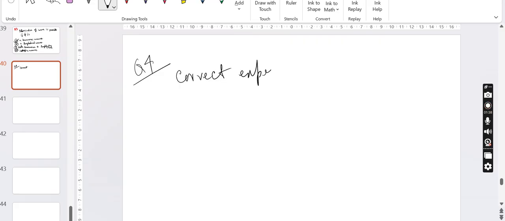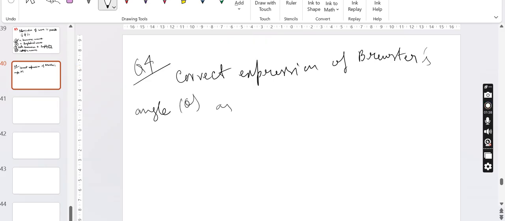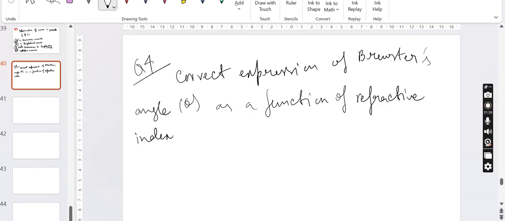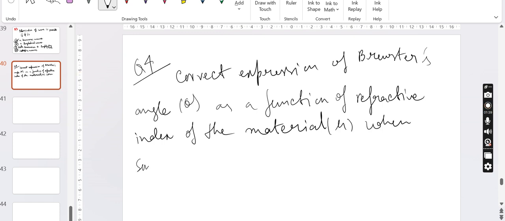Correct expression of reduced angle theta as a function of refractive index of the material when the surrounding medium is air.